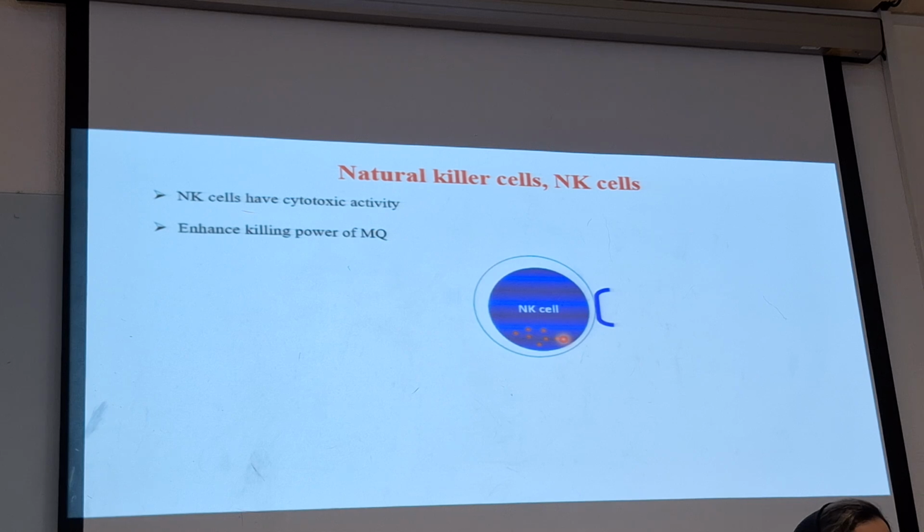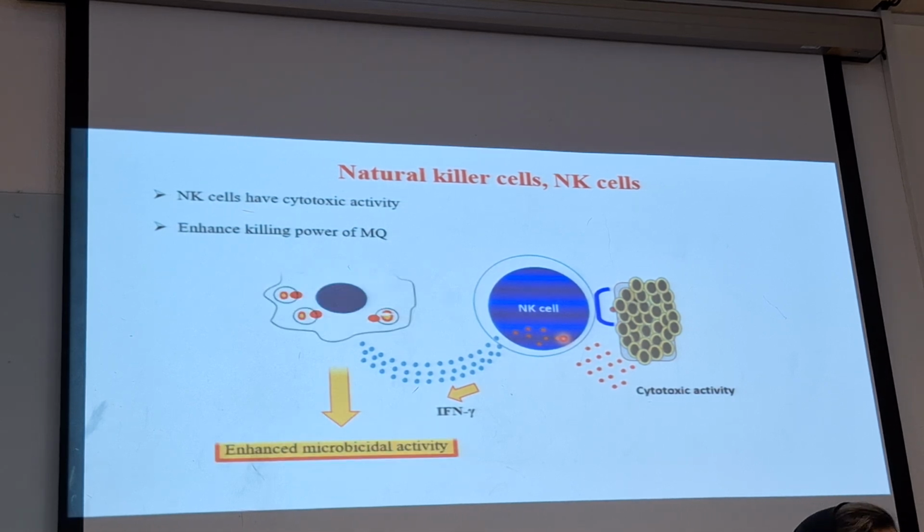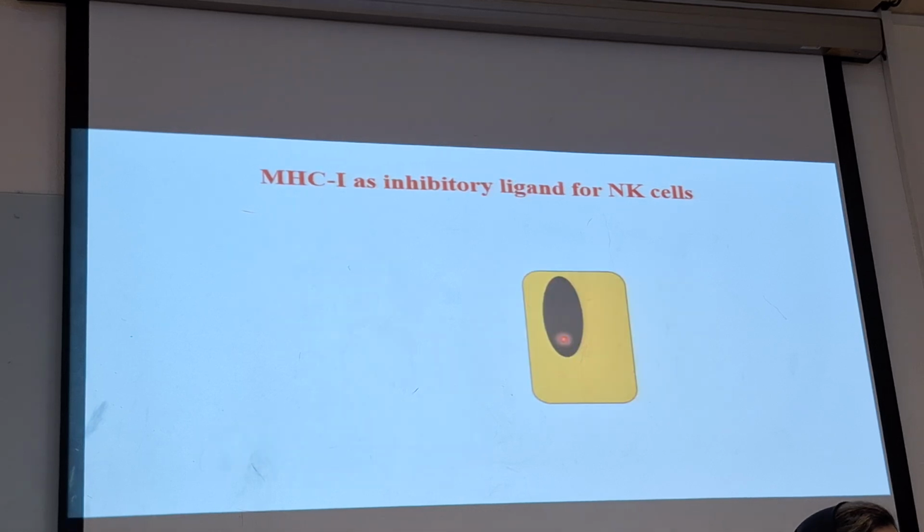Usually the target cells for natural killer cells are virus-infected cells and cancer cells. Also, as I told you, NK cells as part of the innate immune system can produce interferon gamma, and interferon gamma affects macrophages and enhances their phagocytosis and antimicrobial effect.